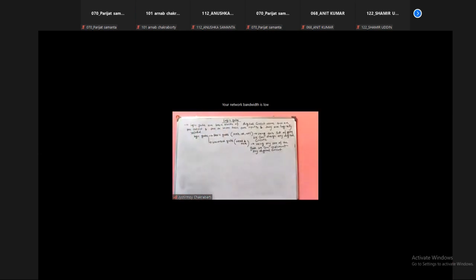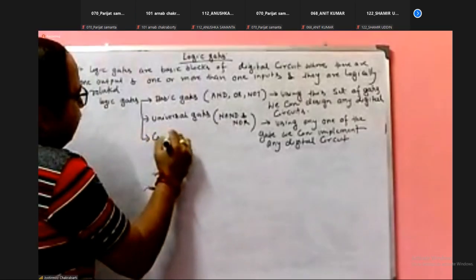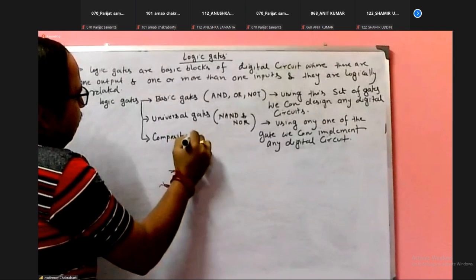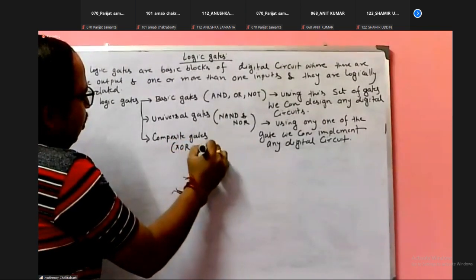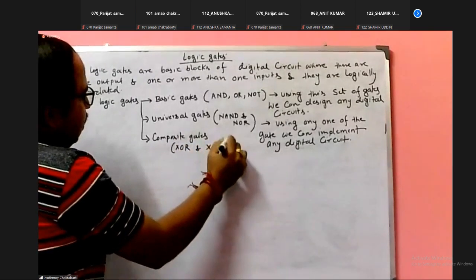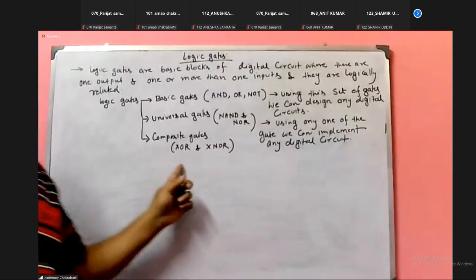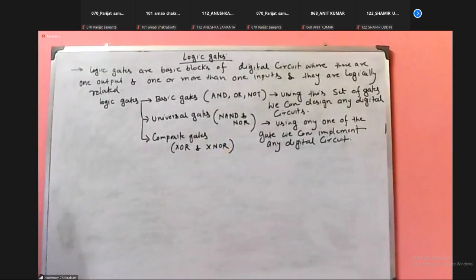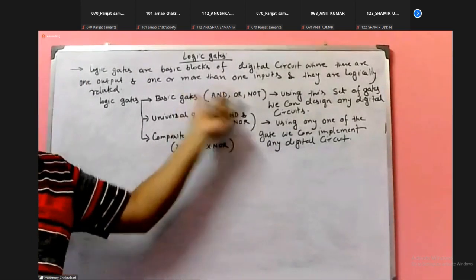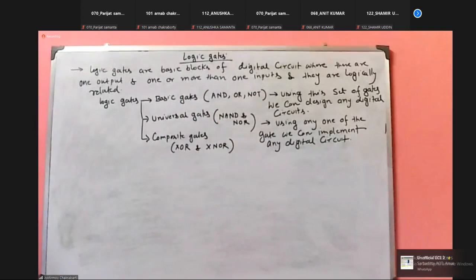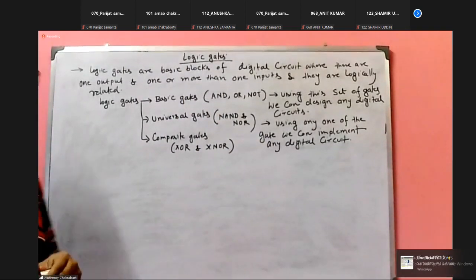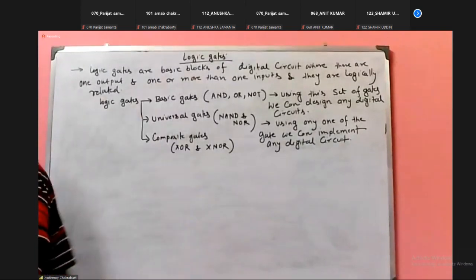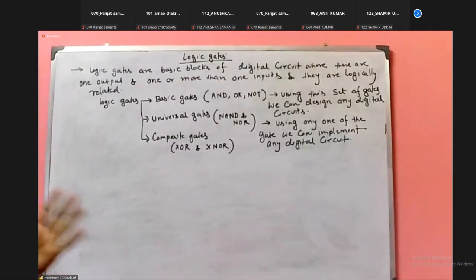And also we have some exclusive gates or composite gates, like XOR and XNOR. They have some purpose in our digital circuit, but these gates can be obtained using basic gates or universal gates. So we can divide logic gates mainly into basic gates and universal gates.